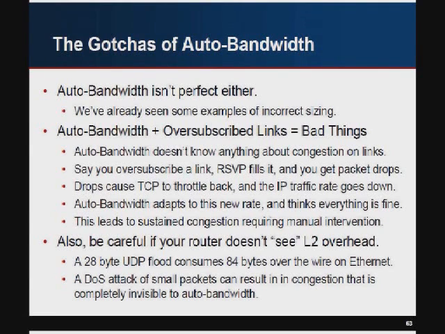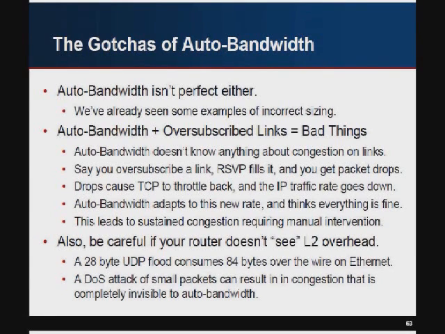Another big problem is if your router doesn't have accurate visibility into the actual utilization across the link. And this can be a big problem if your router doesn't see layer 2 overhead. For example, almost all Juniper routers fall into this category. They see the IP, but at the part where the router is actually making decisions and gathering statistics, they don't see the layer 2 overhead.